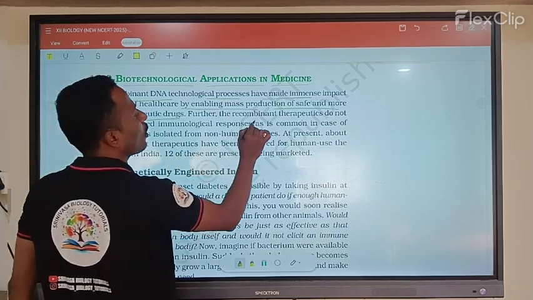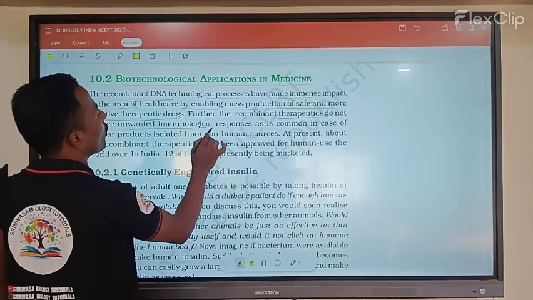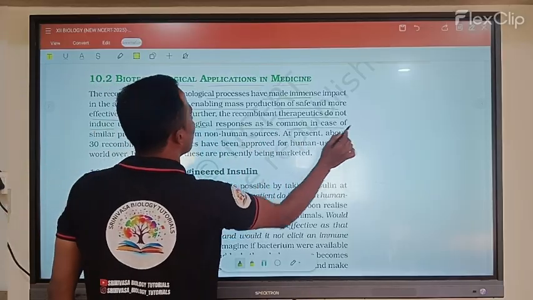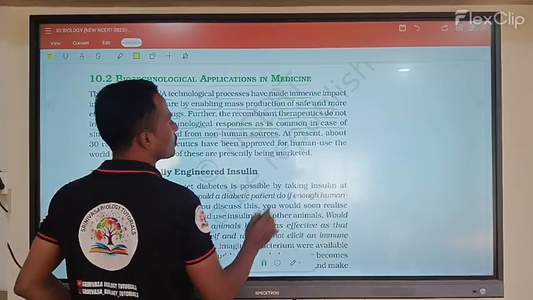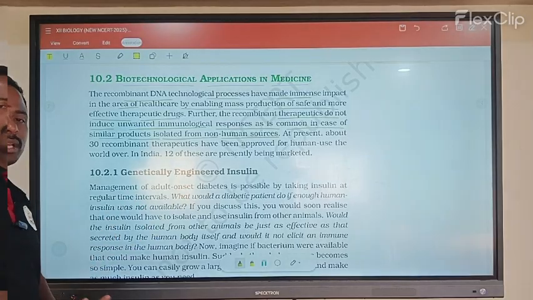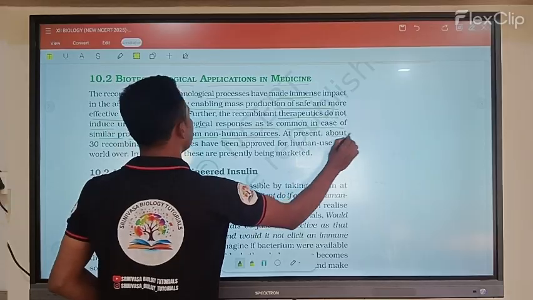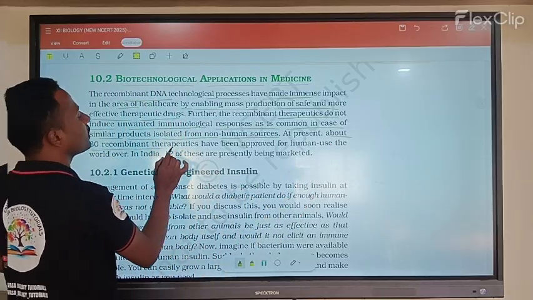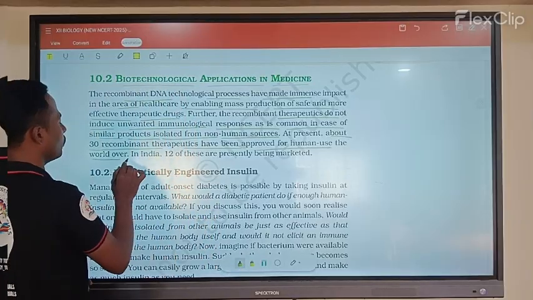Next, recombinant therapeutics do not induce unwanted immunological responses, as in the common case of similar products isolated from a non-human source. So some unwanted things are completely removed with the help of biotechnology. At present, about 30 recombinant therapeutics have been approved for human use the world over.